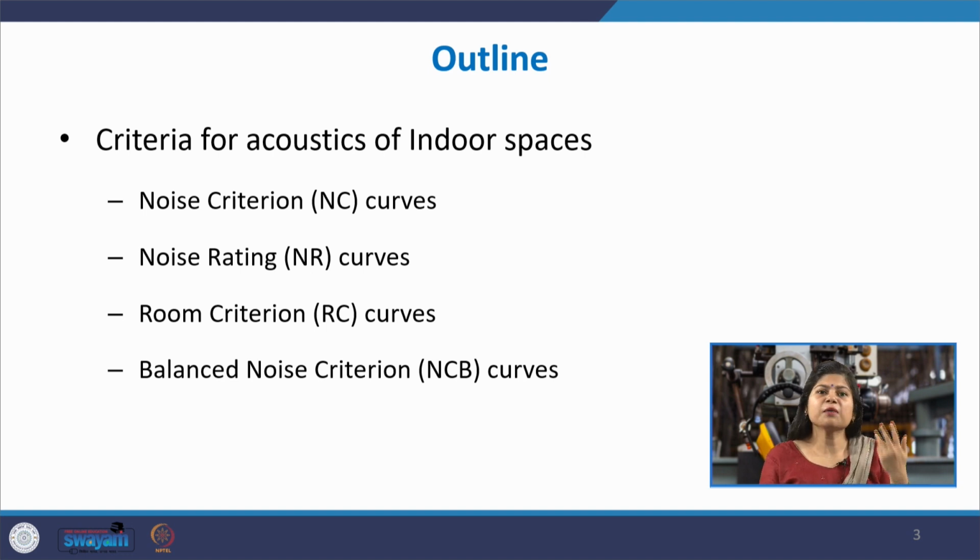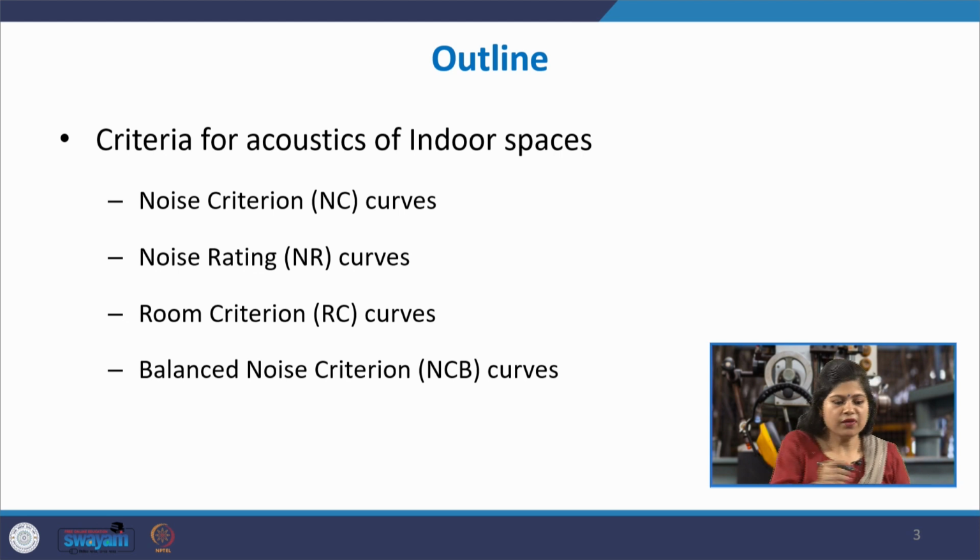There should be some reference to say that, okay, for this particular kind of space, this is the desired noise level, because not every time, especially when as a designer or an architect you are designing various buildings and indoor spaces where noise control and acoustics become an integral part, some standards should be there based on which these spaces could be designed.